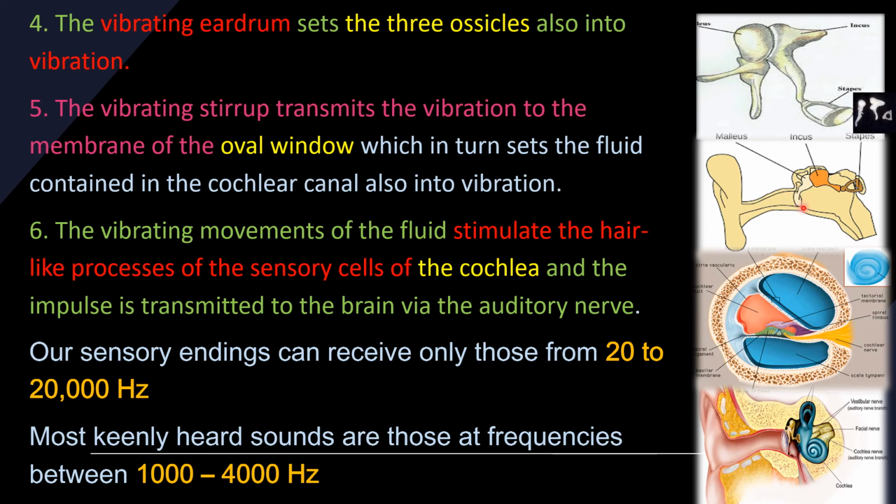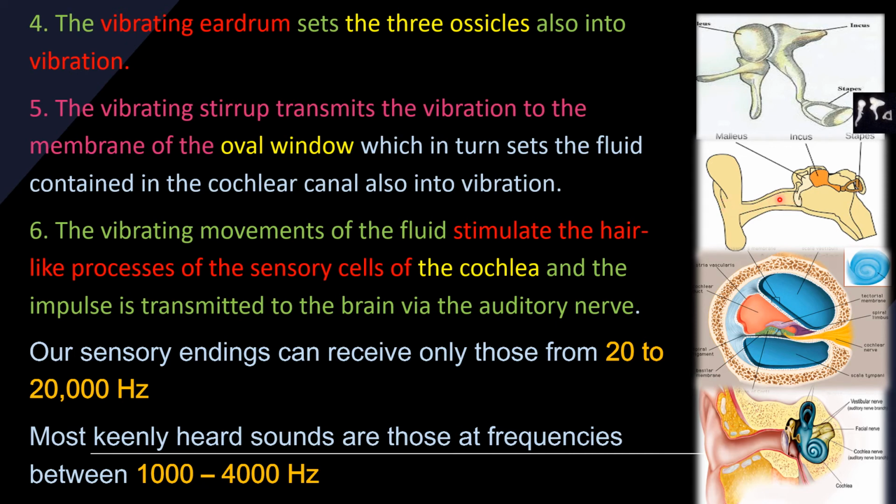Then from the tympanum to the ear ossicles, the oval window and the cochlea, the sound will pass in the form of vibration. Very important. Vibration. In the middle ear and inner ear, sound will pass in the form of vibration, but in the outer ear, sound will pass in the form of sound waves.